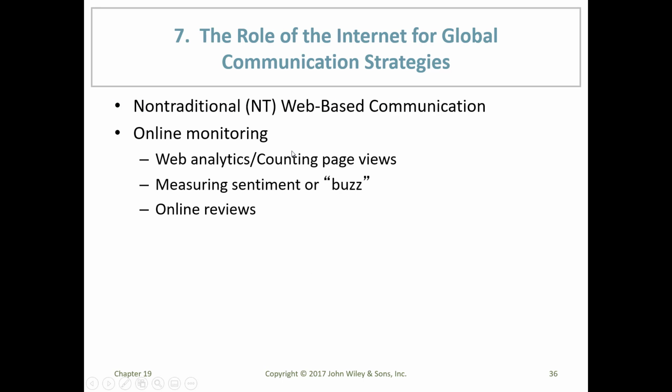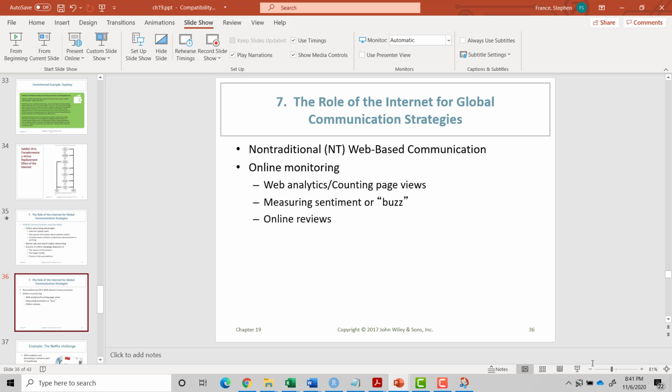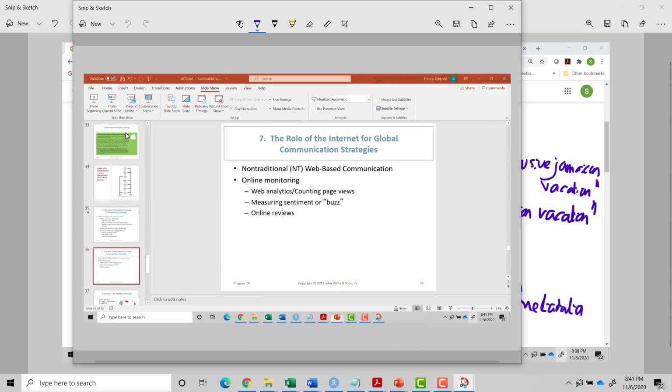Other things we can do: we can measure web analytics, so we can count some information on websites. Let me give you a little more info on this. We'll count the number of views of the website.